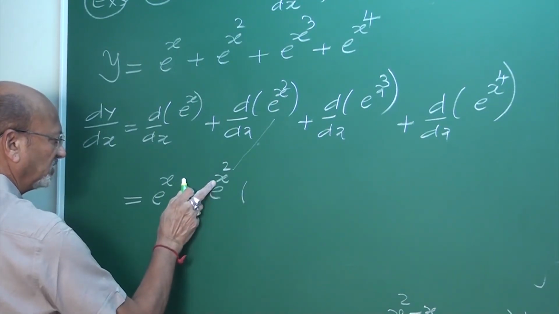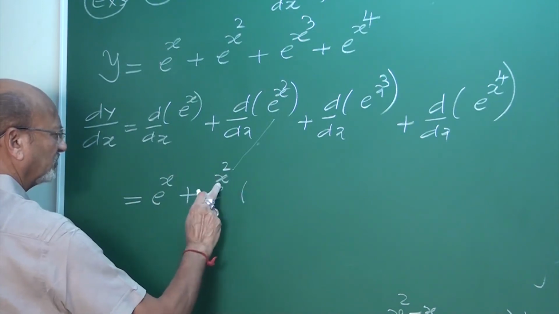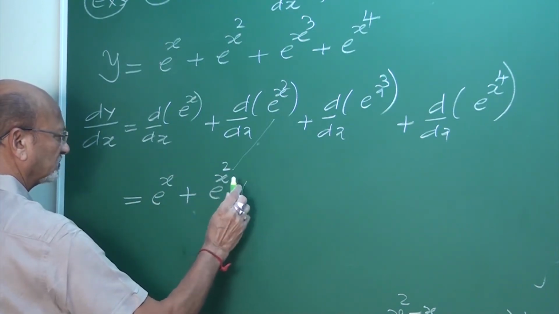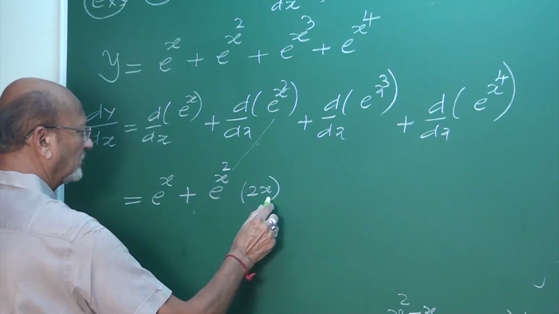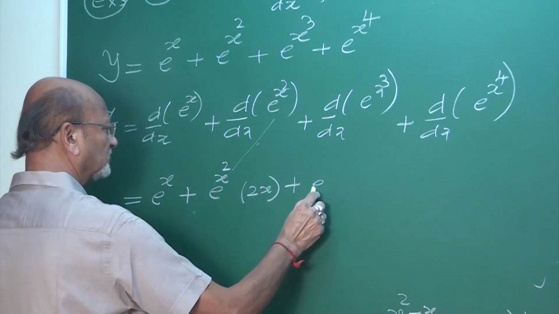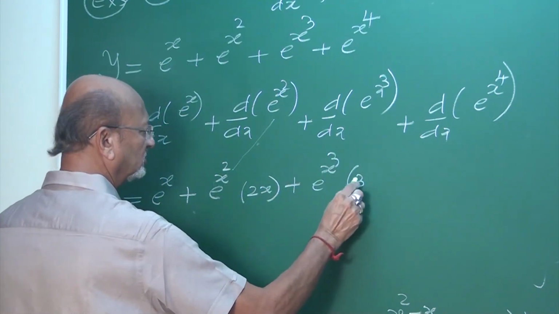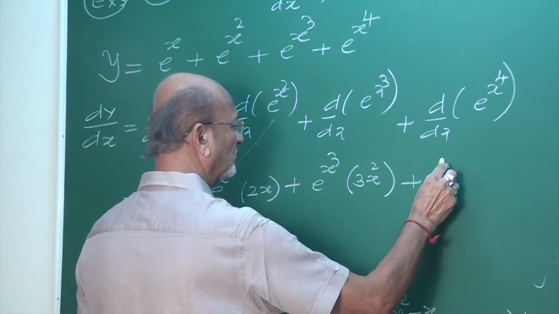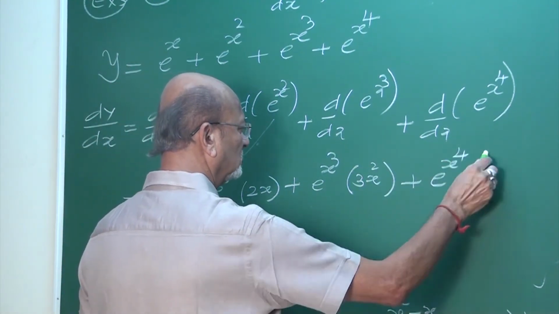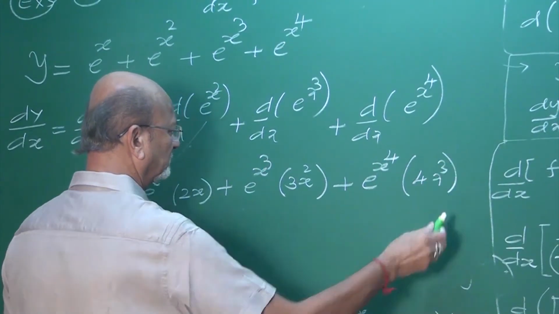Question, is it x? No. Write its derivative. The direct derivative of x square is 2x. Plus, write first x cube, derivative of x cube is 3x square, plus e to the power x to the power 4, write the derivative of this, 4 x cube.